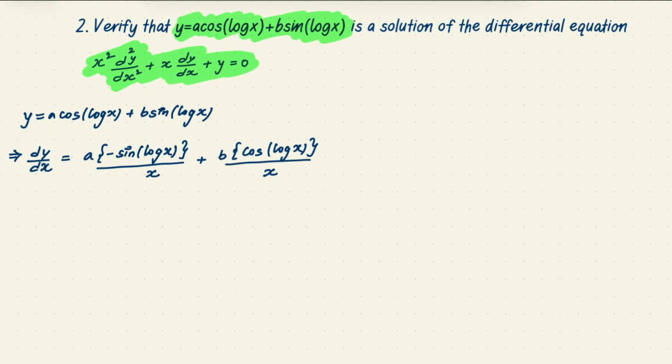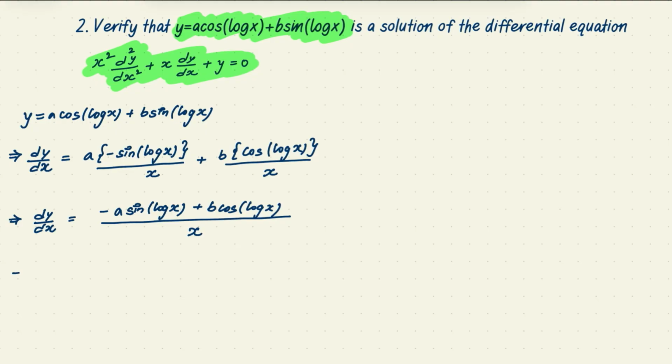So here it will be x at the denominator. So the value of dy over dx will be, since the denominator is same, minus a sin of log of x plus b cos of log of x, divided by x. So this is the value of dy over dx.